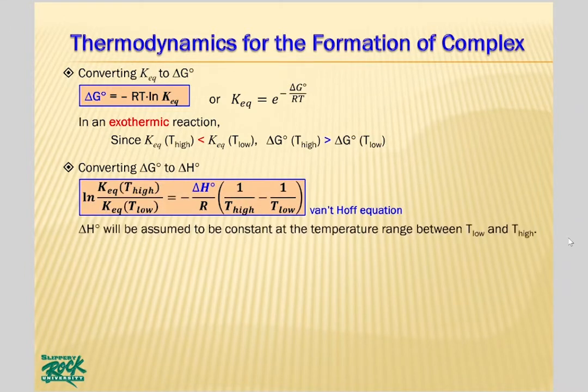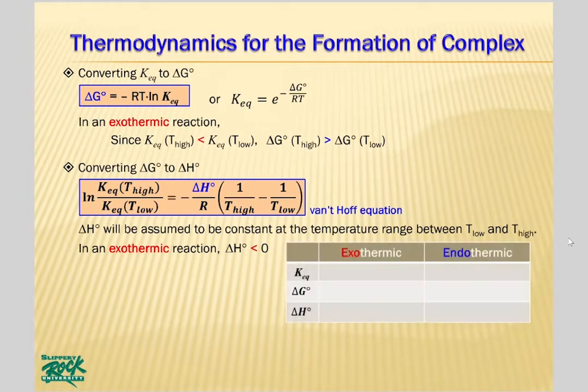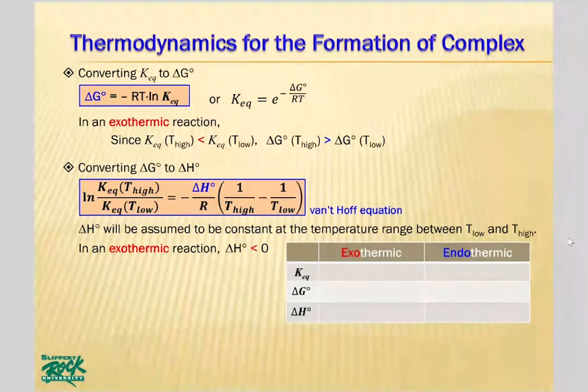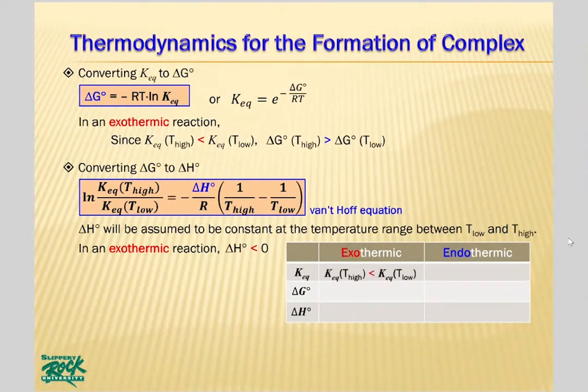Take note that delta H naught will be assumed constant at the temperature range between T low and T high. You may plug the two KEQ values and two temperatures in the equation and solve the equation for delta H naught. In an exothermic reaction, delta H naught should be negative. In summary, the KEQ value at high temperature should be less than the KEQ value at low temperature.